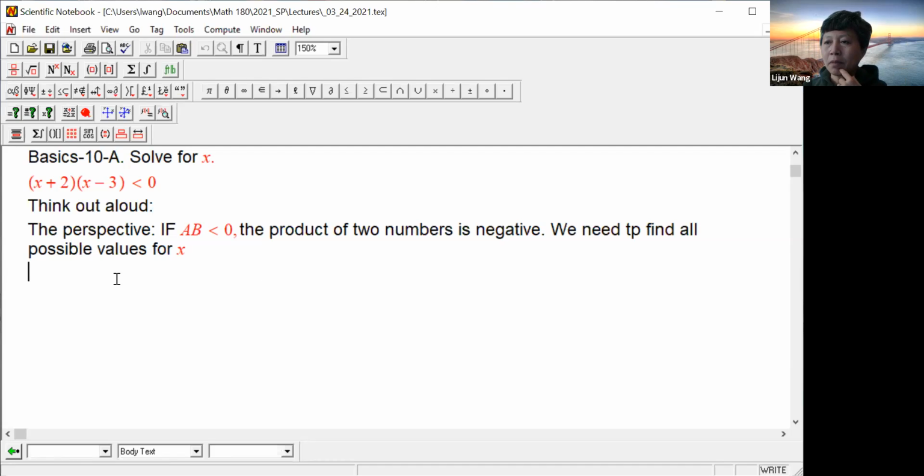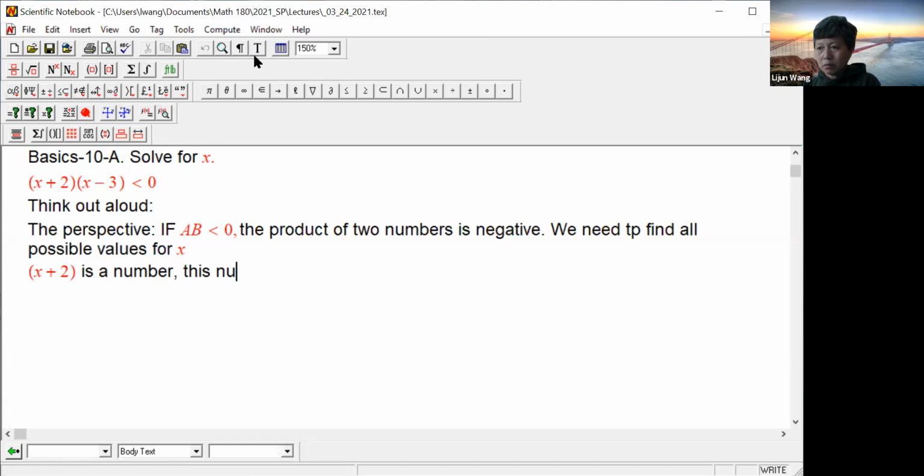Now I see x plus 2 as a number. We regard x plus 2 as a number. Can we do that?